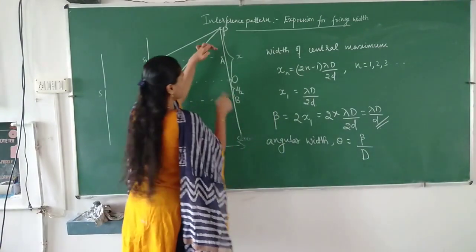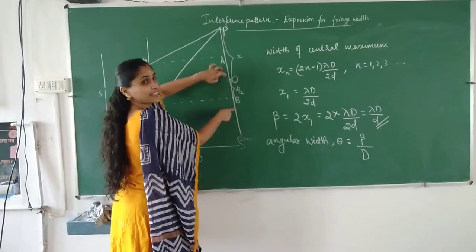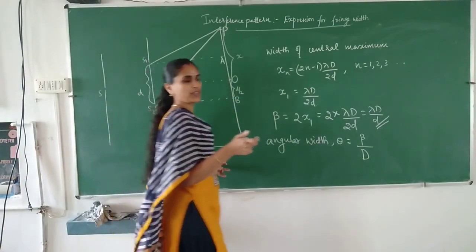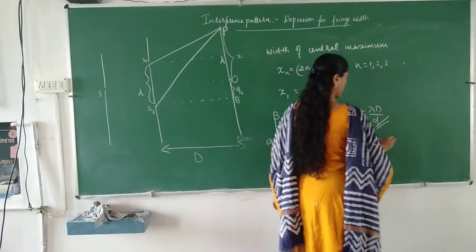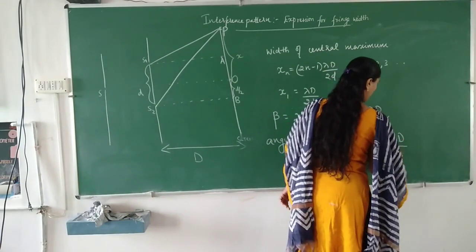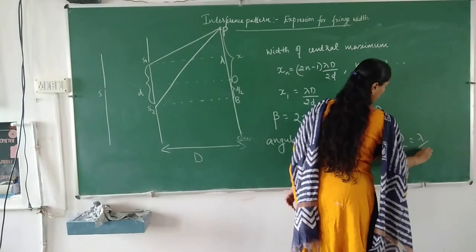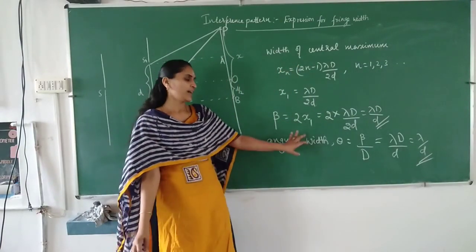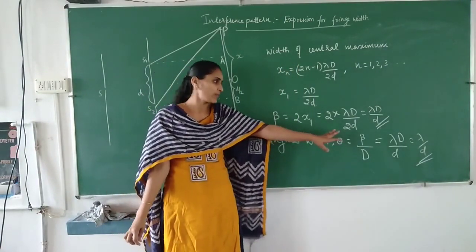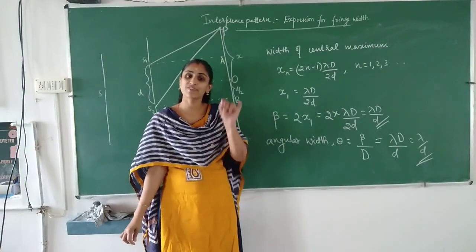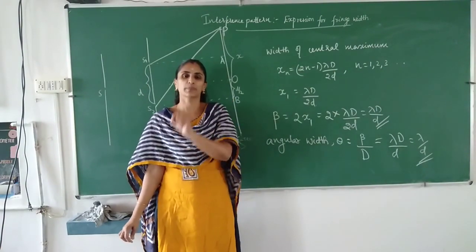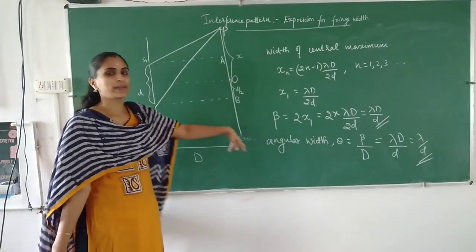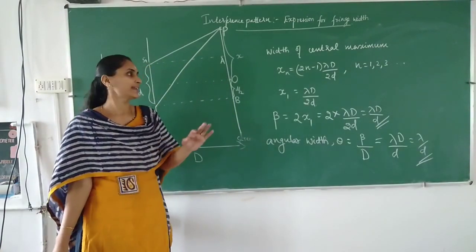So here the linear width we can consider as the arc length, and the radius we can take as D. So beta by D. So we will get lambda D by d divided by D, which is equal to lambda by d. So you can see that the angular width of all fringes is also the same, lambda by d, where lambda is the wavelength of light, small d represents the distance between two slits, and capital D is the distance between slit and screen.